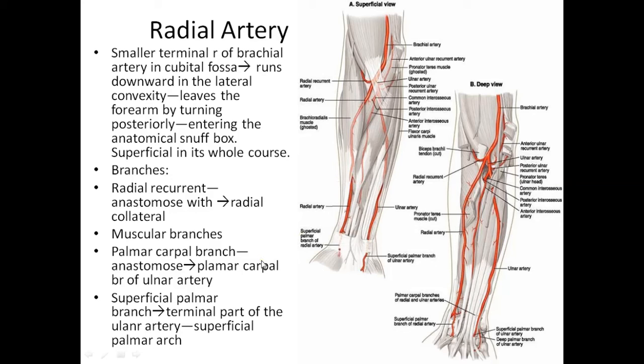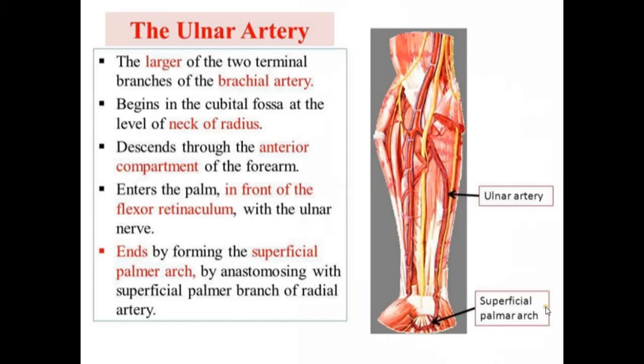It also gives the palmar carpal branch, and it anastomoses with the palmar carpal branch of the ulnar artery. It also gives a superficial palmar branch, which acts as a terminal branch in the palm, and it anastomoses with the ulnar branch to form the superficial palmar arch.